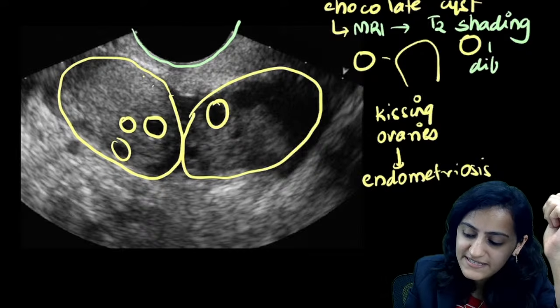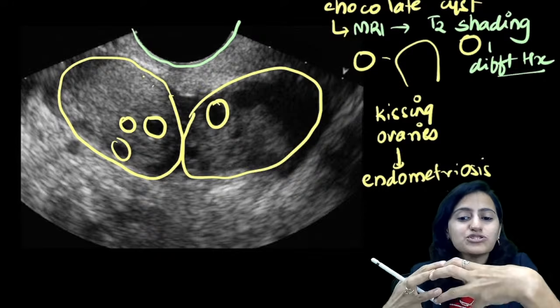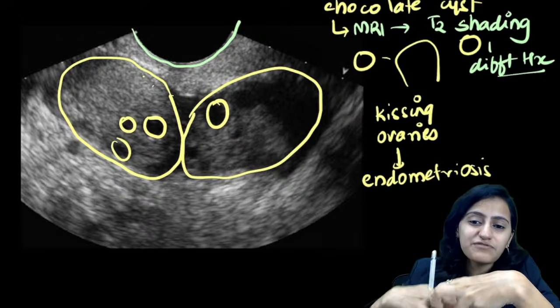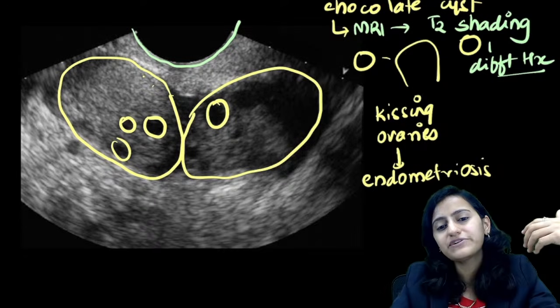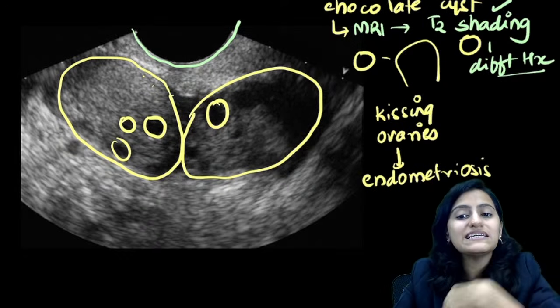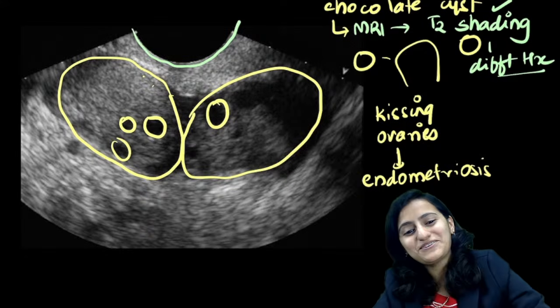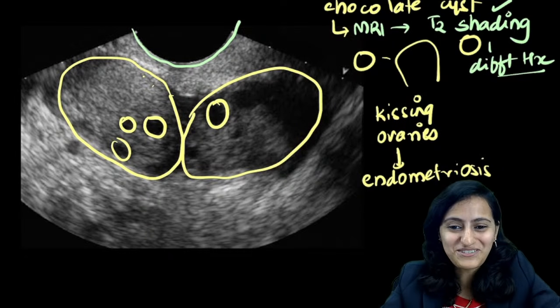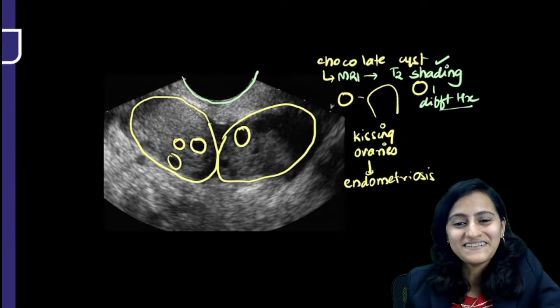Because of the different stages of hemorrhage. With every menstrual cycle in the chocolate cyst, there is hemorrhage. So there is fresh hemorrhage, and the old hemorrhage becomes chronic hemorrhage. So because of the different stages of hemorrhage, you would see T2 shading in the chocolate cyst, right? So this is just a coincidence, to have this chocolate cyst on chocolate day.